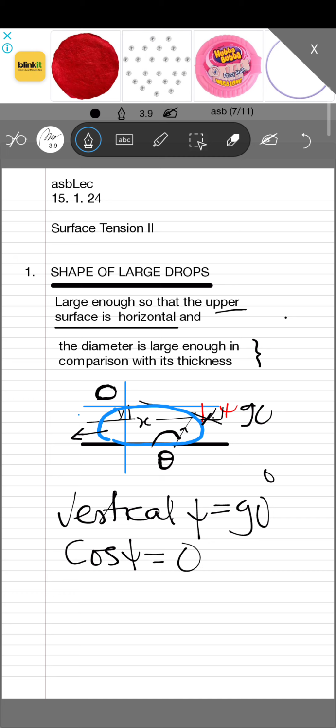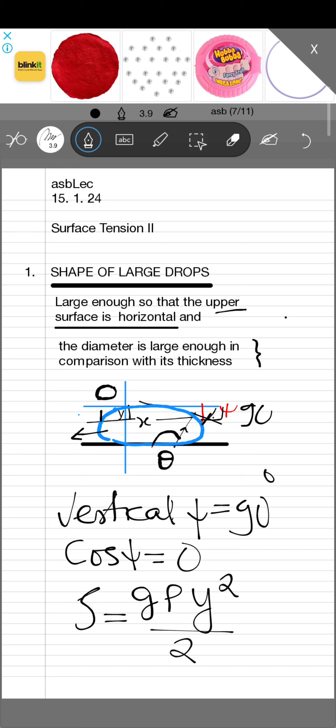So the previous equation now gives S equal to g rho y square by 2. By y we mean this value, the growth of the drop in the vertical direction.